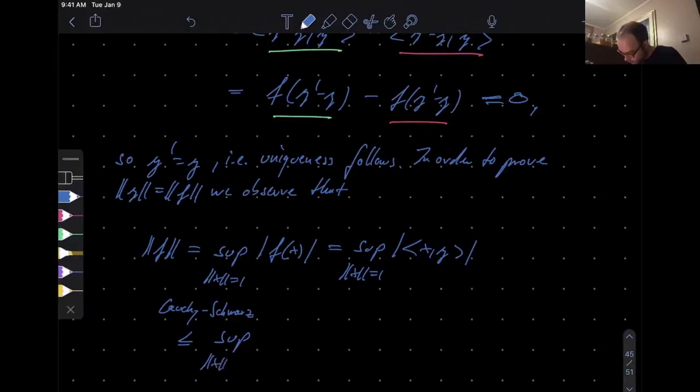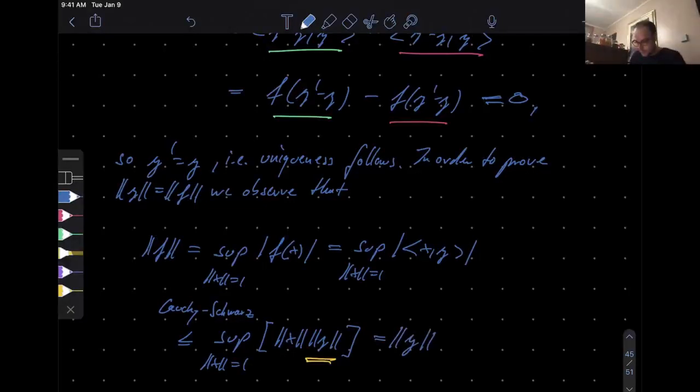So you have the bracket x, y. Yeah, but then this quantity is completely independent of x, and the supremum of the norm of x when the norm of x is equal to 1 is 1, right? So this is equal to the norm of y.